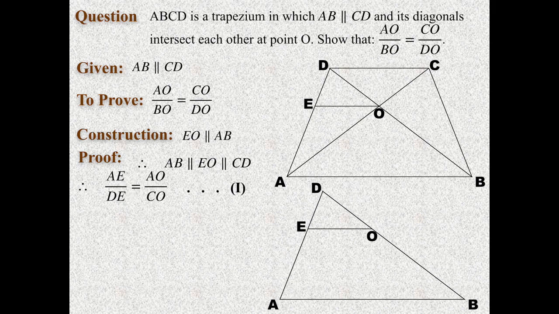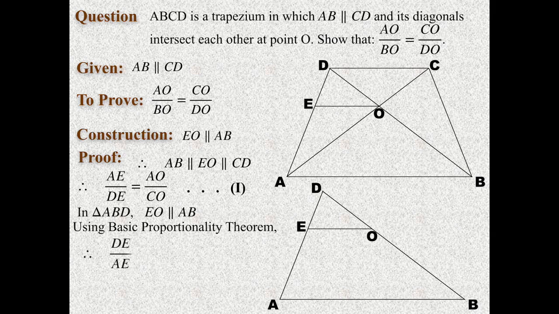Similarly, in triangle ABD, where EO is parallel to AB, we can use basic proportionality theorem again and say DE upon EA is equal to DO upon BO, or we can use the reciprocals of this proportion as AE upon DE equals BO upon DO and give it the name result 2.